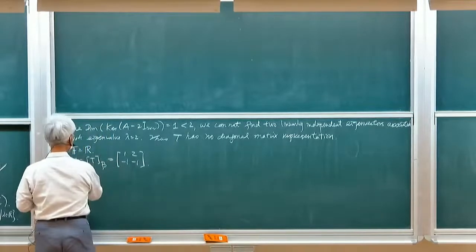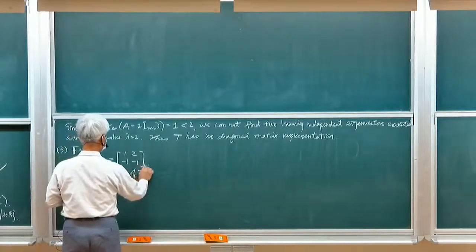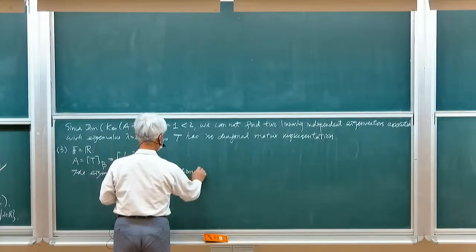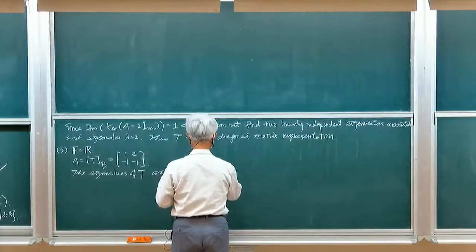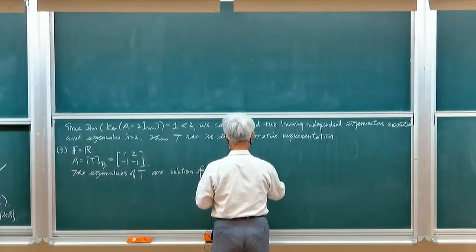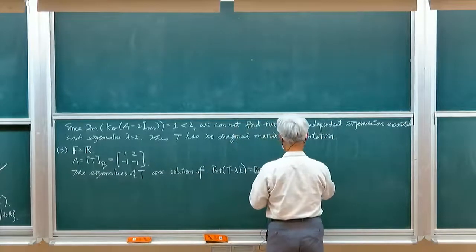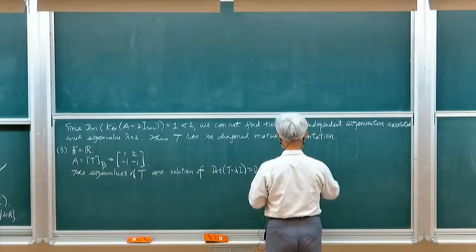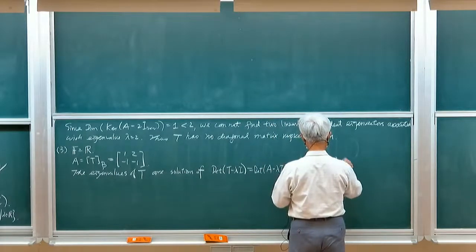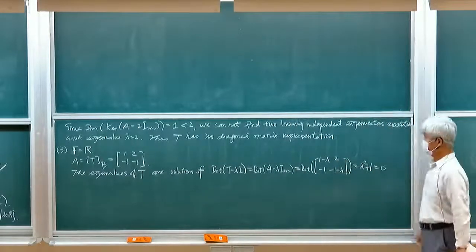So the eigenvalues of T are solutions of the determinant of T minus lambda I, so it's the determinant of A minus lambda times the 2 by 2 identity. And so this is the determinant of 1 minus lambda, 2, minus 1, minus 1 minus lambda, and this is lambda squared plus 1 equal to 0.